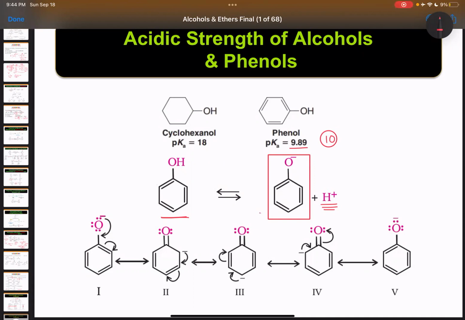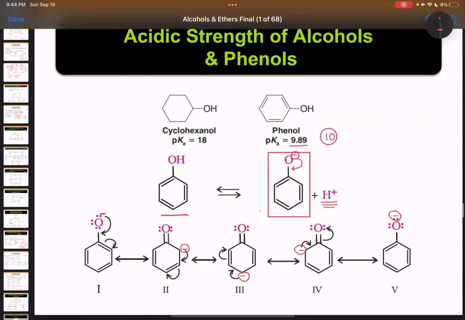So in the case of phenol, after the removal of H plus, the phenoxide ion forms, and the phenoxide ion is stabilized by resonance. You can see this negative charge gets dispersed at so many positions. So it's good for the O minus because its electron density is going to come down, and it will become more stable, right? Yes, sir.